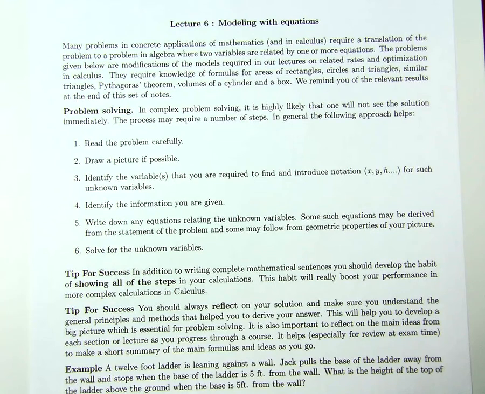Again, I'd like to re-emphasize the tips for success that I pointed out in the last set of notes, and that is you should always write in complete mathematical sentences, just for your own sake, so that you can keep track of where you are when you're solving more complex problems.